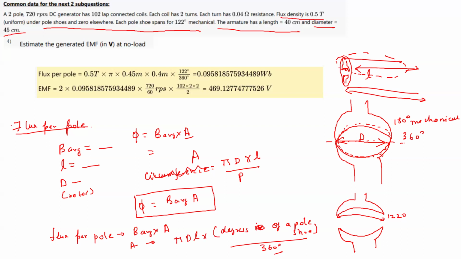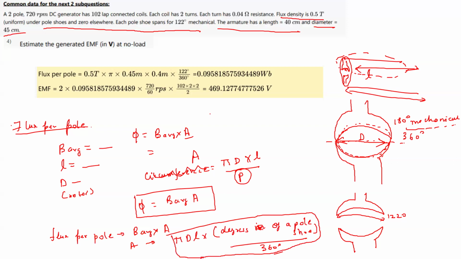So if, in the previous question, we go by this that this is 180-degree per pole, then this 180 by 360 will become 2, which will equal the number of poles P. Okay, but for this case they are saying that it is the degrees of pole shoe. Instead of taking 180-degree, they are now taking 122-degree.